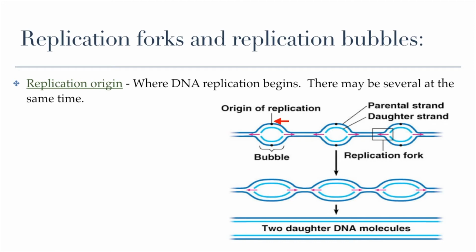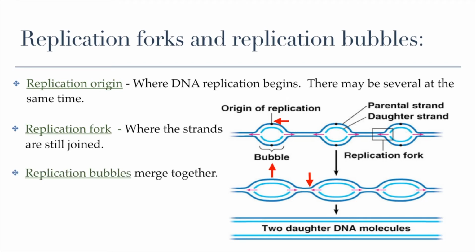So there's not just one place where it starts; it starts in several places at once, forming replication origins that have something called a replication fork, which is where the strands are still joined, forming what we call replication bubbles, which essentially look like bubbles under the microscope. But as the DNA continues to separate and the new strands get built, the replication bubbles will eventually merge together, forming two daughter DNA molecules.